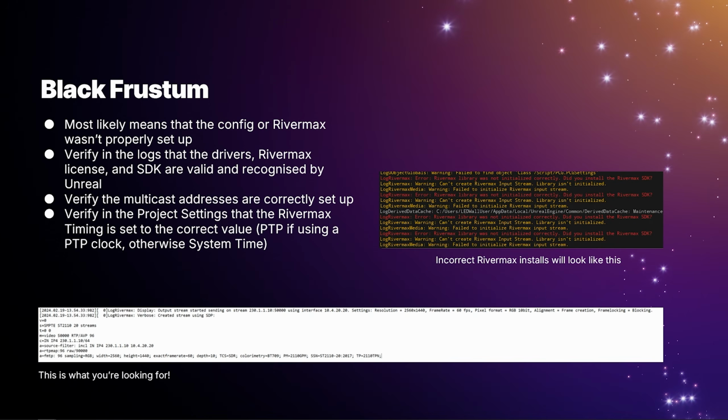I think one of the most frustrating issues is when you get a black frustum or a black cluster. It usually means that the config or RiverMax wasn't set up correctly. So check the log. If you see something like that bit of the output log up there, you'll see the error.